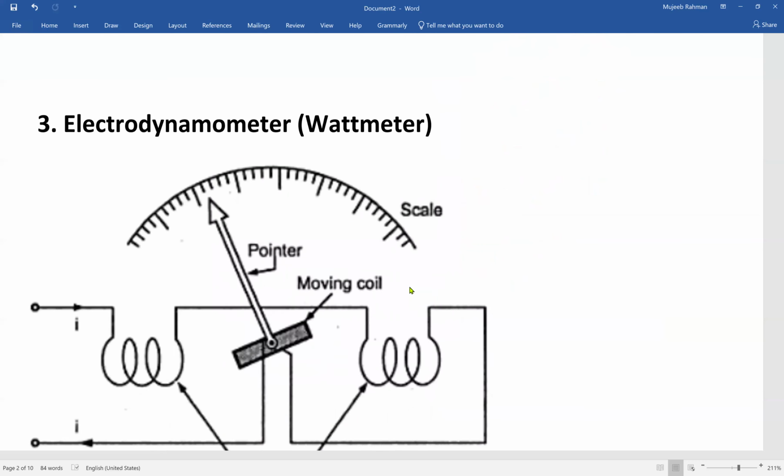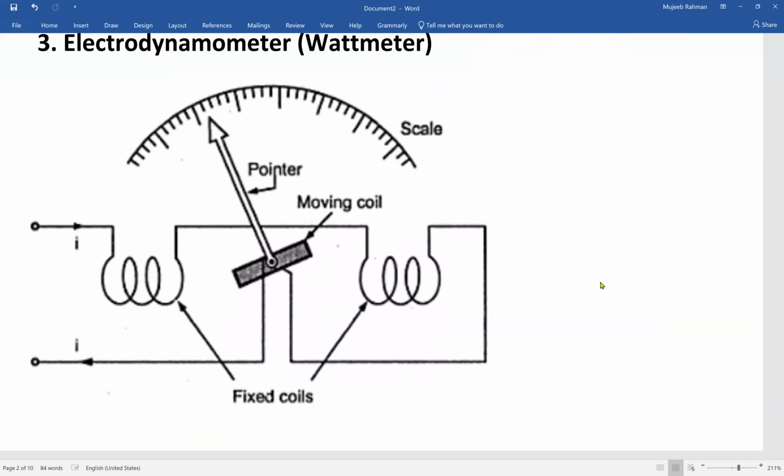Okay. The next type of instrument we are going to discuss here is the electrodynamo type instrument. The electrodynamo type instrument is commonly used for measurement of wattage, like a wattmeter. As we know, watt is nothing but the product of voltage and current.